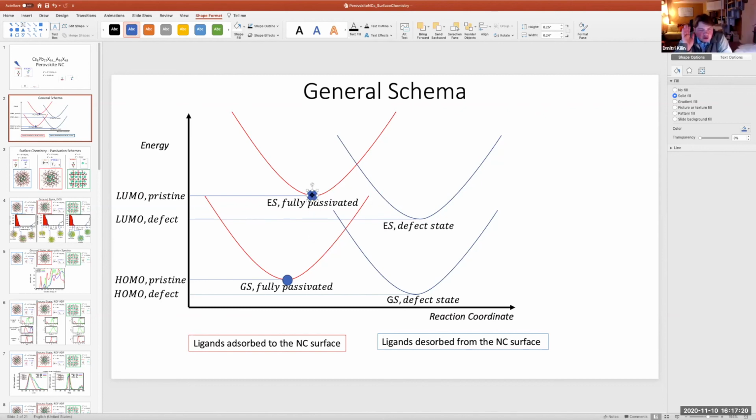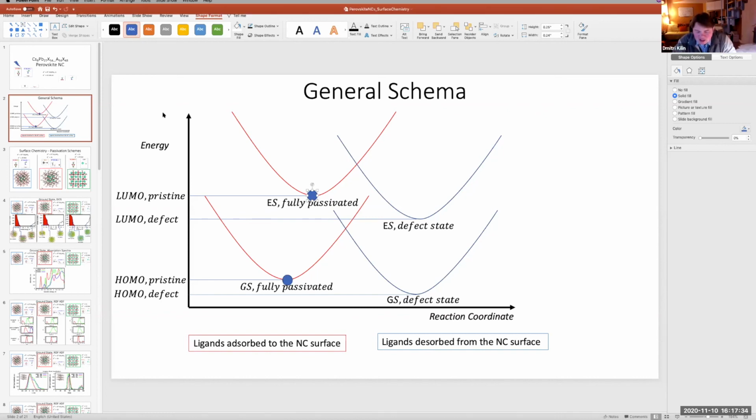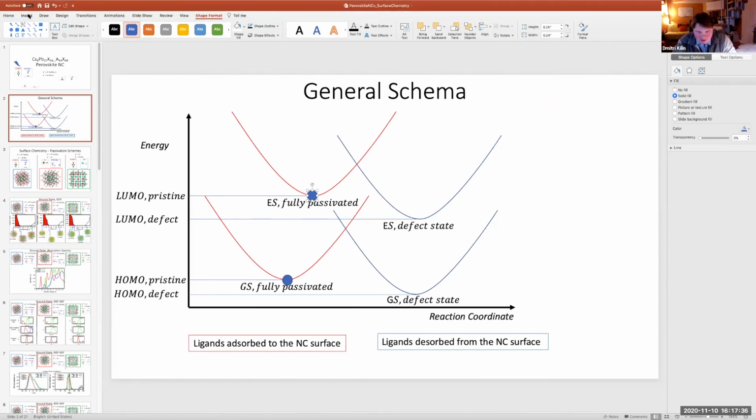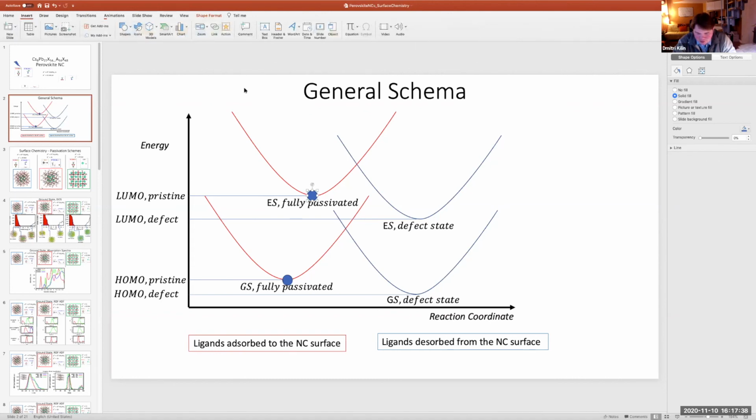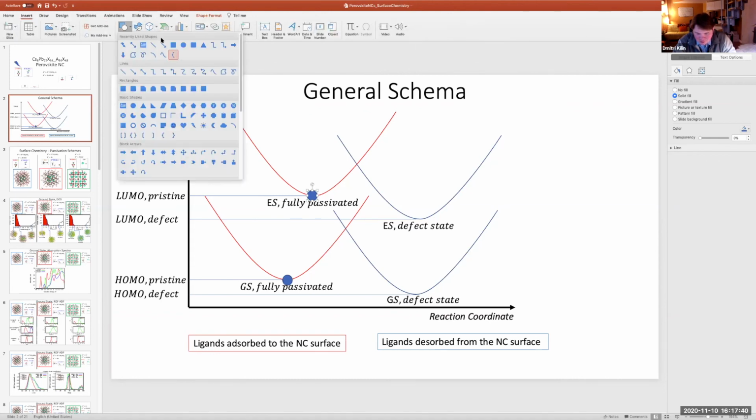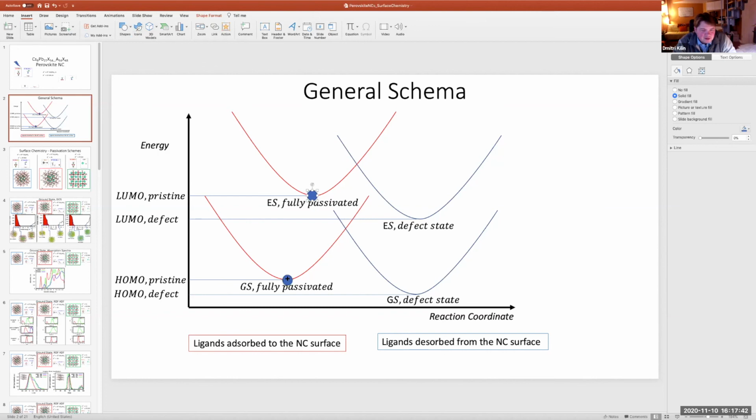Aaron, sorry to interrupt. Should it be like a vertical transition and then horizontal? Yes. So the dot that I put would be its equilibrium. Let's make another dot, so that optical transitions are vertical.